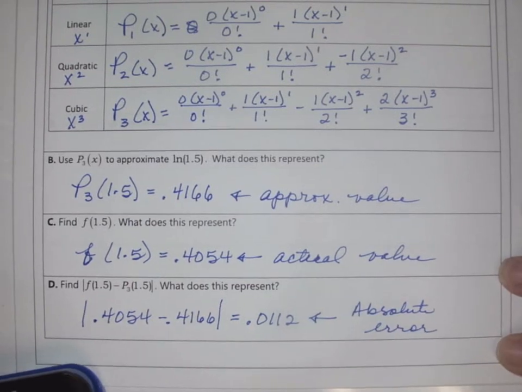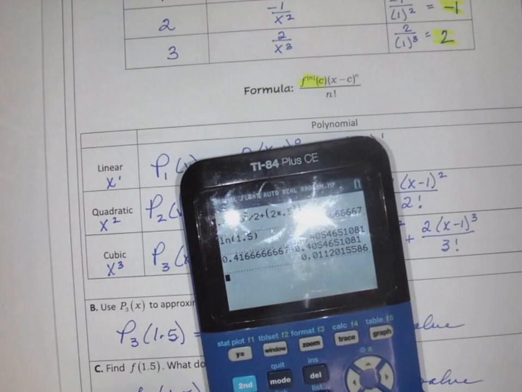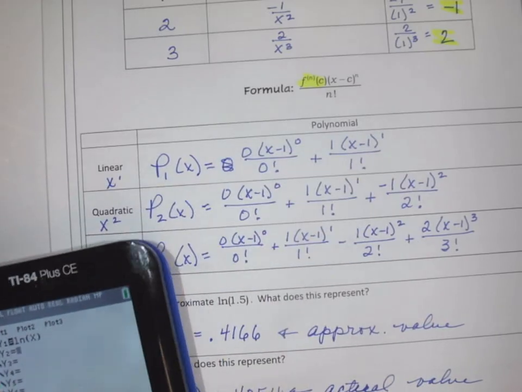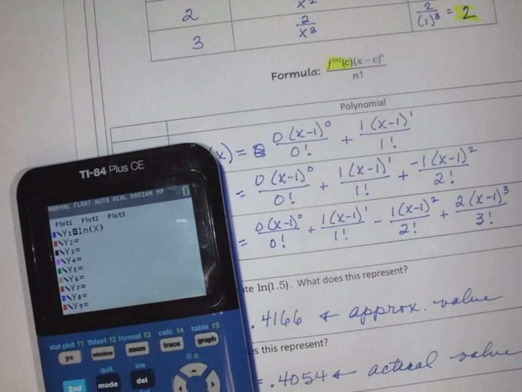Okay. Now, what I want to do is I'm going to put into my graph the natural log of x, because that's my function, and then I'm going to put in my cubic polynomial.